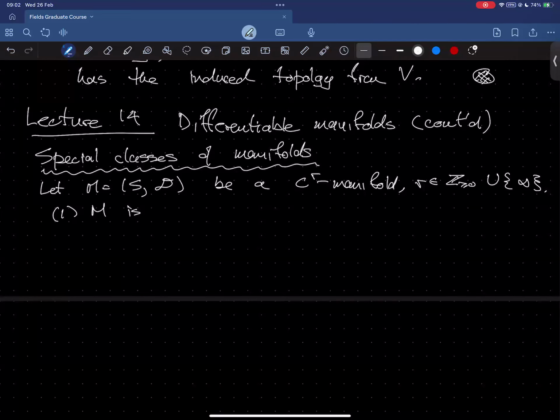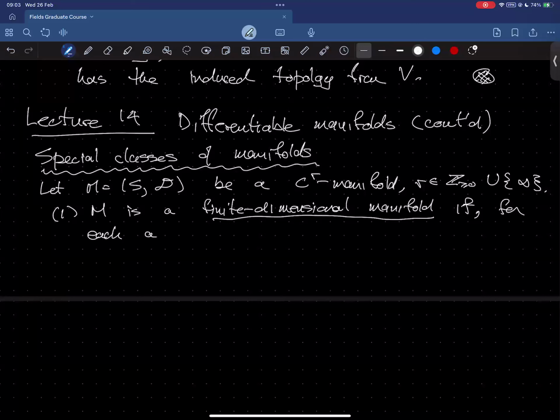Okay, so M is a finite dimensional manifold if for each admissible chart (U_phi, phi, V_phi), the locally convex topological vector space V_phi is finite dimensional.